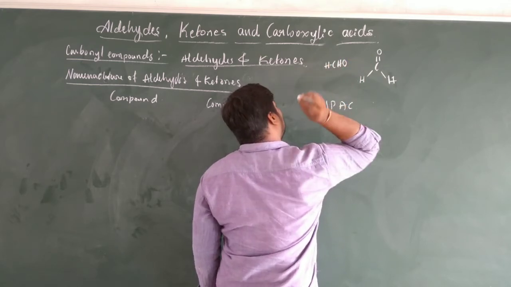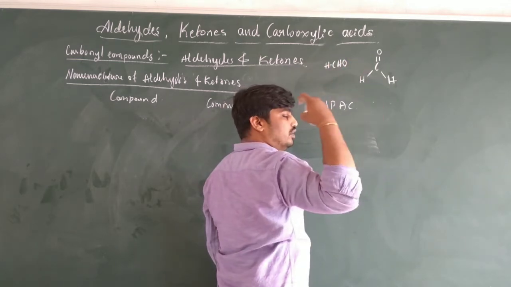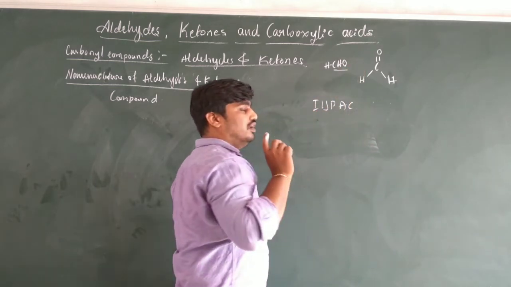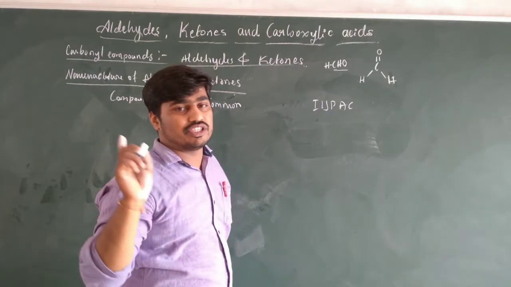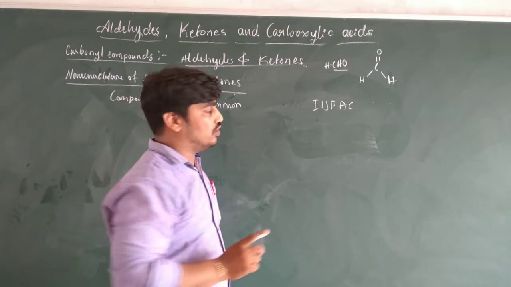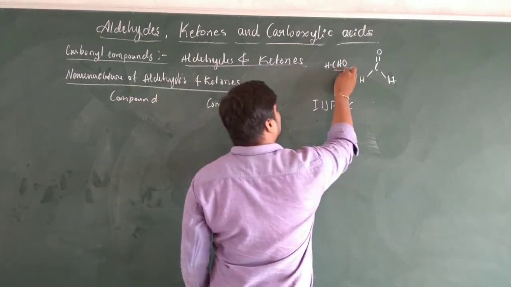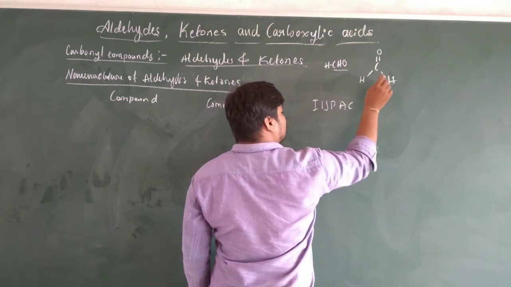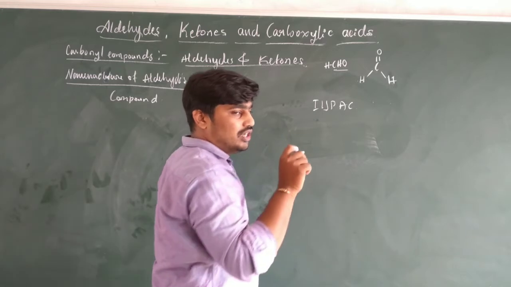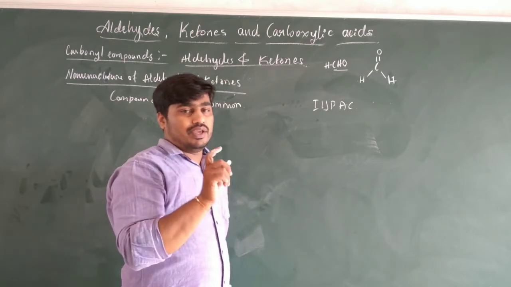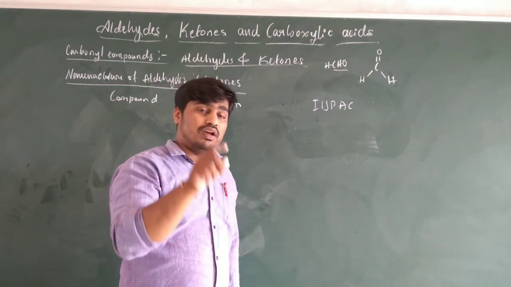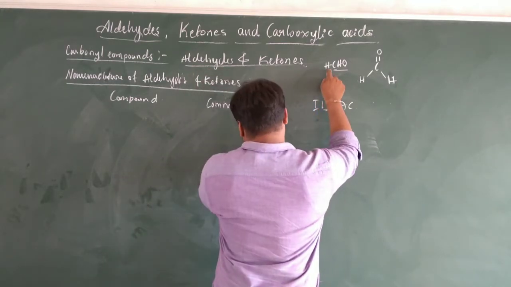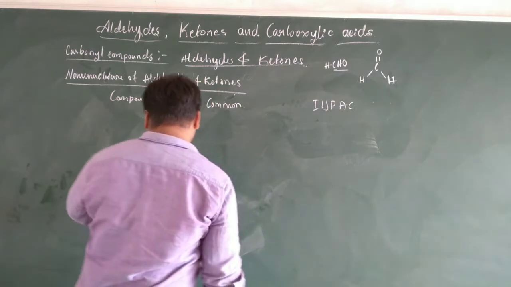Why CHO? CHO is the functional group, right? It is the general representation of aldehyde. The functional group of aldehyde is CHO. Here the substituent group is hydrogen. The alkyl group should be substituted. If in place of the alkyl group hydrogen is substituted, then it is HCHO.